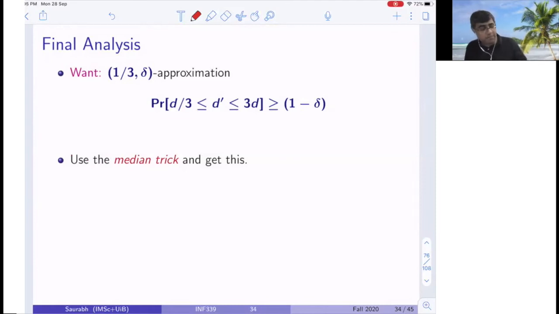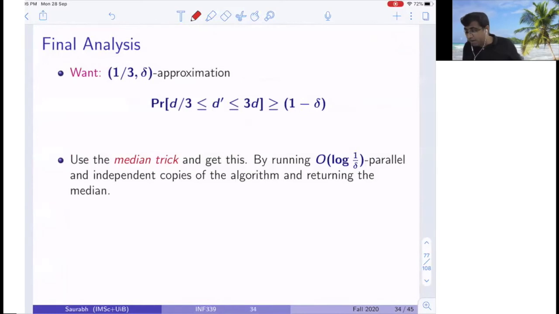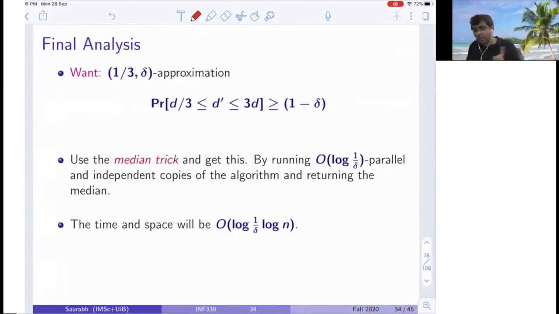The error will not improve, but your success probability will increase by the median trick. By running log 1 over delta parallel and independent copies of the algorithm and returning the median, the time and space will be order log 1 over delta times log n.